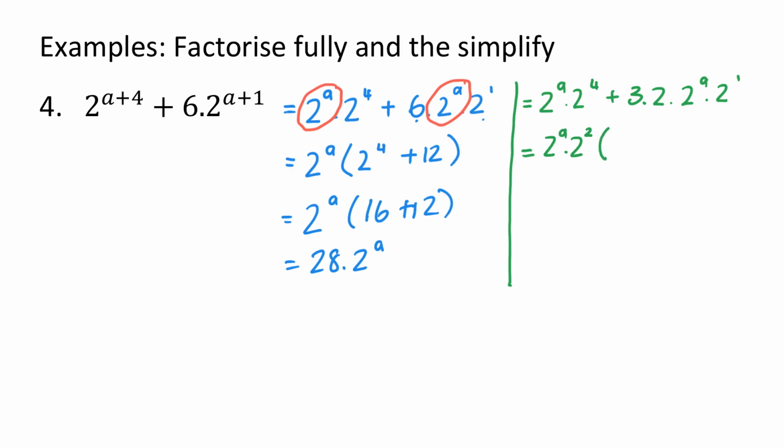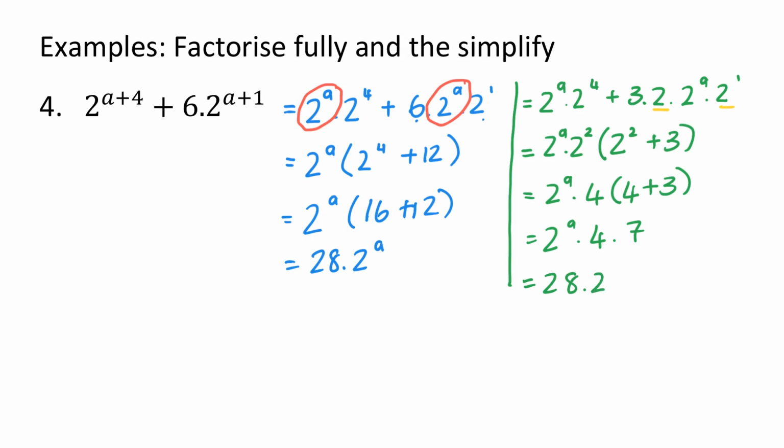So that means my first term is 2 squared, and my second term, I've already taken the 2's out, so I'll get plus 3. So that's going to give me 2 to the power of a times 2 squared, which is 4, times 4 plus 3, which is 7. So I'm going to get 2 to the power of a times 4 times 7, and we know that 4 times 7 is 28 times 2 to the power of a.